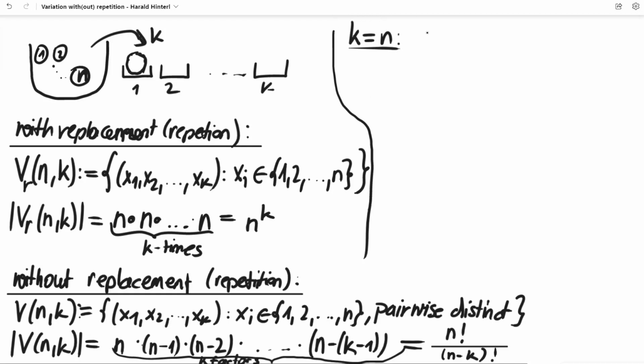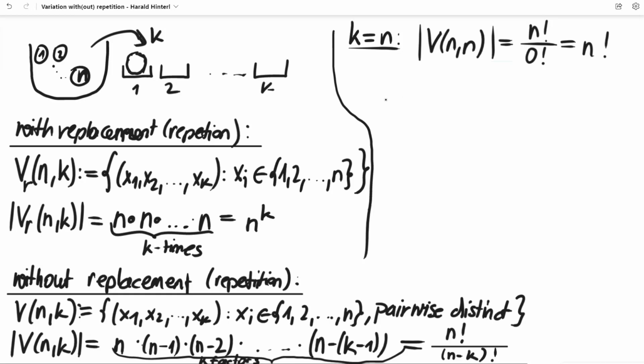So VNN, I do not replace as the second example, and I take all balls out from the urn. So for the cardinality, you can use the formula we have derived right now. N is equal to k, so what remains is 0 factorial, which is 1, so the formula is n factorial.